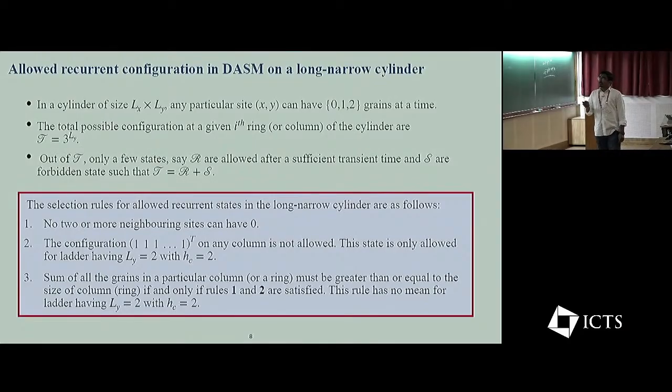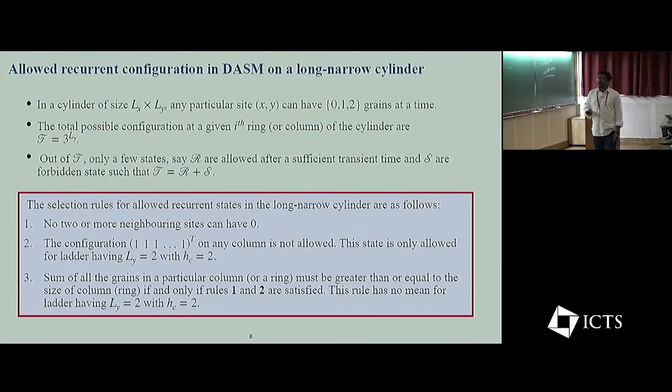In a long narrow cylinder, at a particular point the number of grains can be 0, 1, or 2 at steady state. On the basis of that, we propose some rules for the recurrent states. There are three rules. In a steady state configuration, there will not be 2 nearest neighbor sites which both have no grains, and this particular configuration is also not allowed.